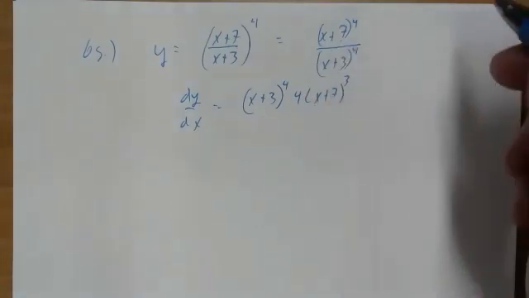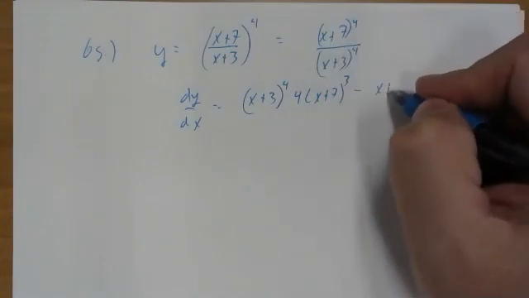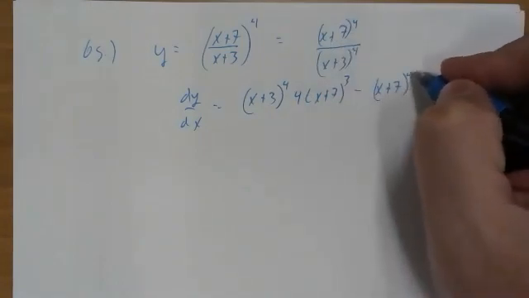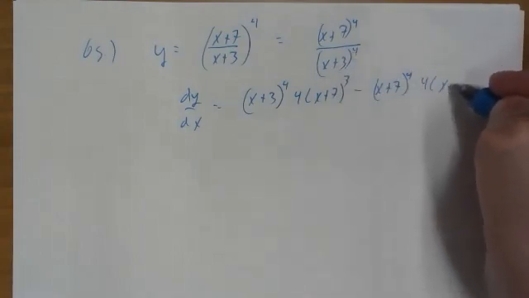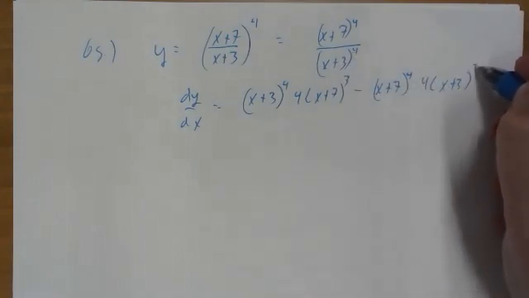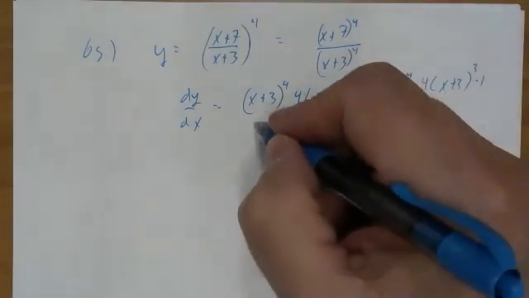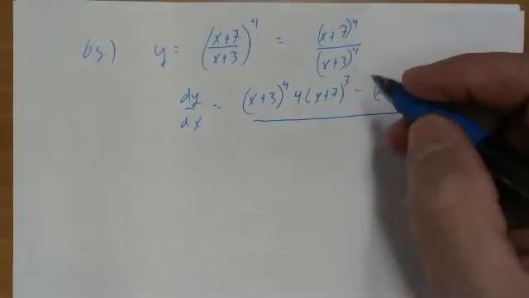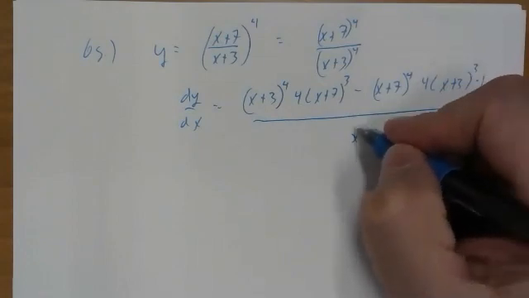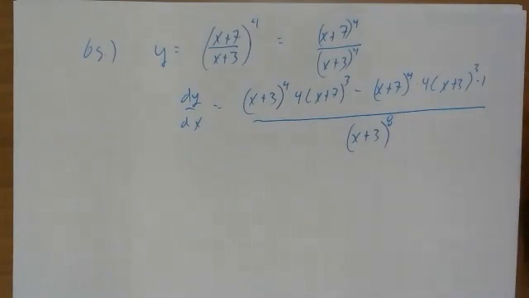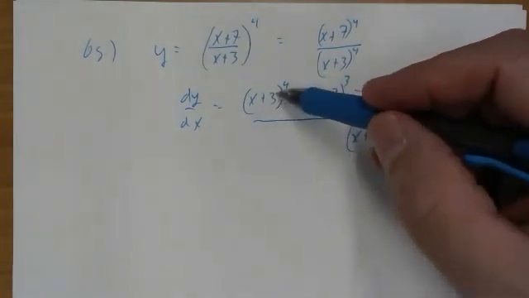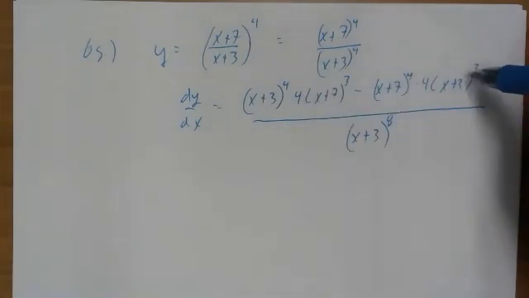Derivative inside is just 1, minus high d low, chain rule again, all over... now, maybe some x plus 3s cancel out. I guess 3 of them maybe.